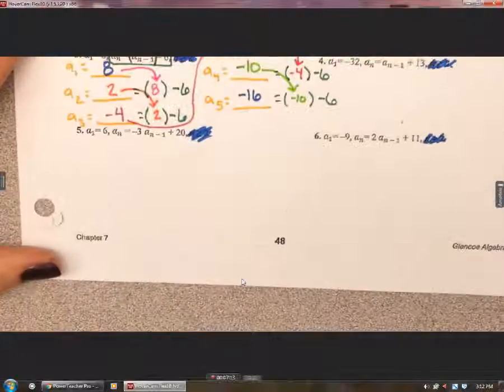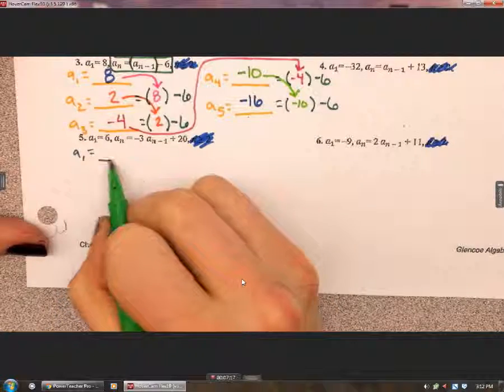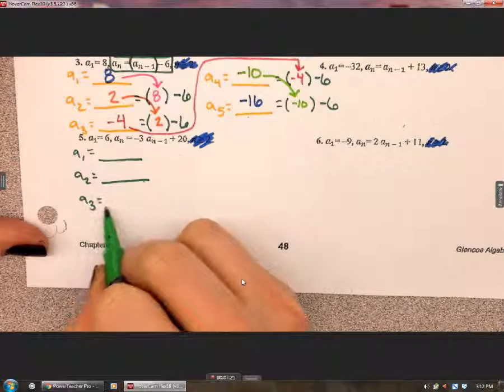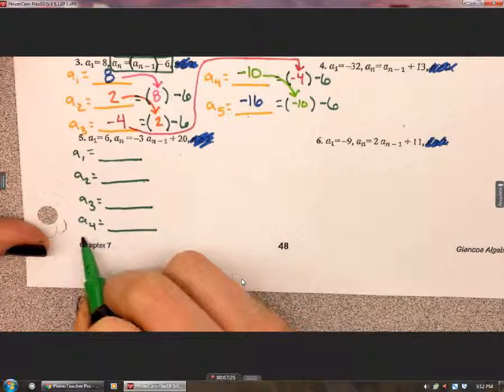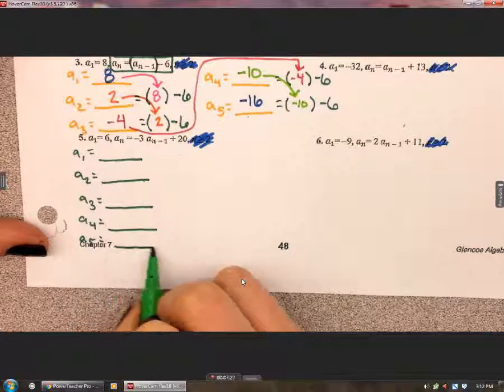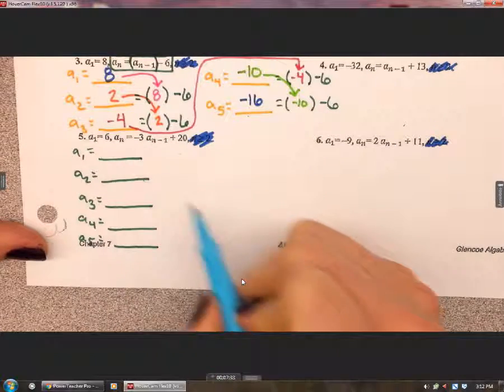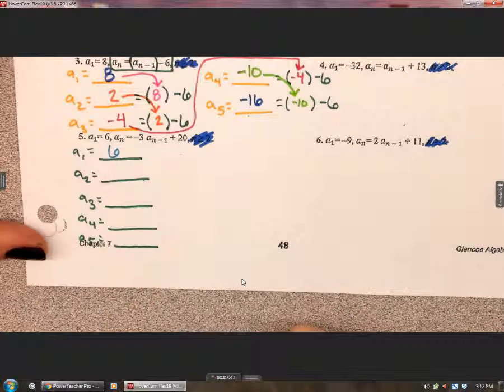Last example, we'll do number 5. Same thing. A sub 1, A sub 2, let's get the easy points. A sub 1 is 6.